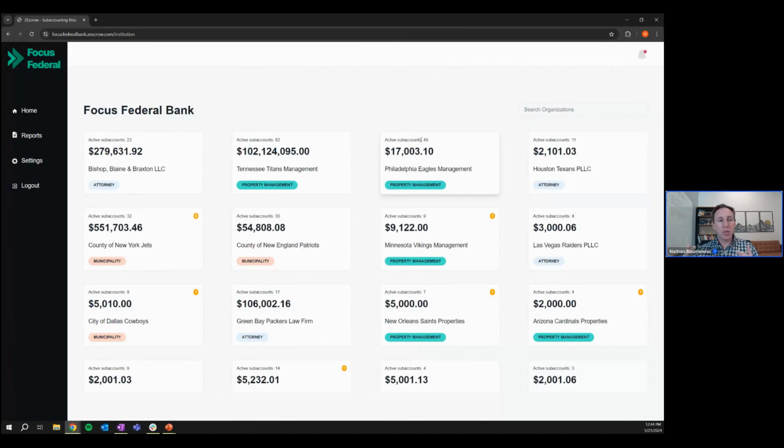So when we built our company, it was super important to us that, yes, we do have the software to be able to support these things, but we know just as important as the software are people to help as well. So we have an entire client success team that is dedicated to working with all of our clients, our banks, to be able to help their success all along your customers' journeys.